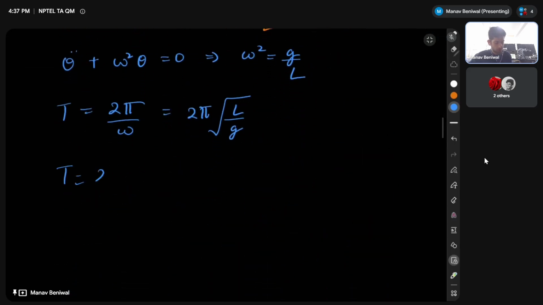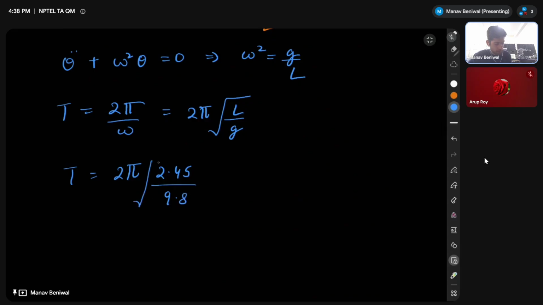If we substitute 2.45 over 9.8 and take the square root, this is just 1 over 2.